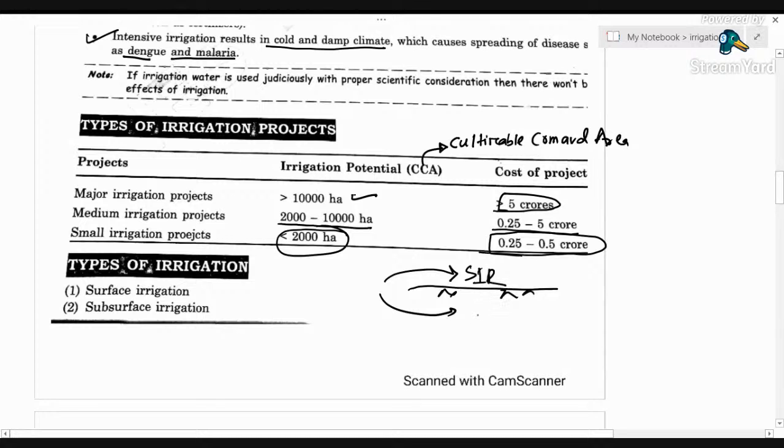If you are supplying the water below the ground, artificially or naturally, to the plant root, that is called subsurface irrigation. So irrigation is classified into two types: first, surface irrigation, and second, subsurface irrigation.